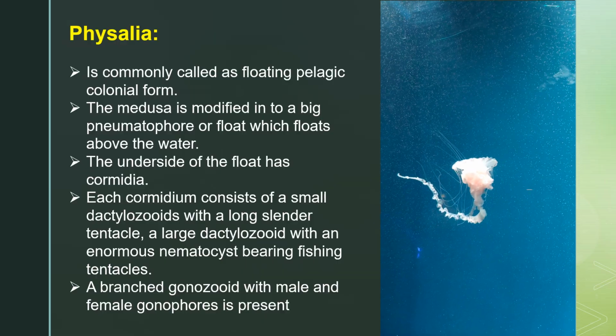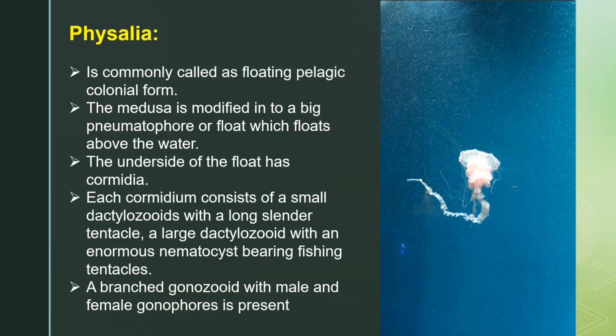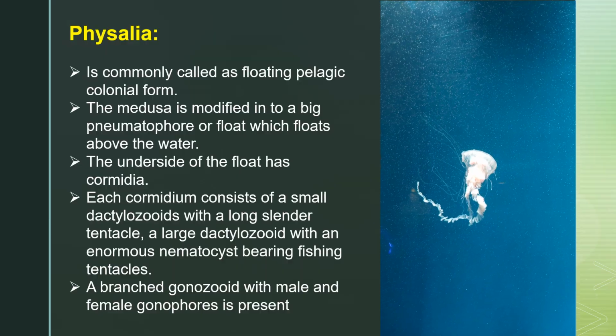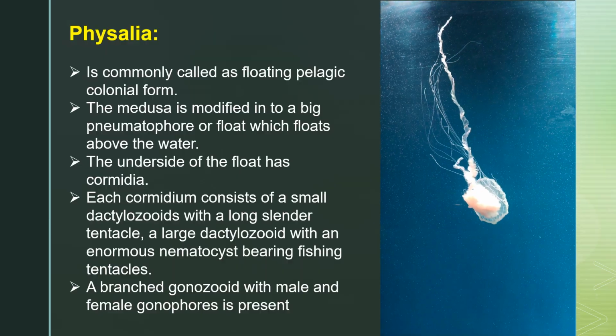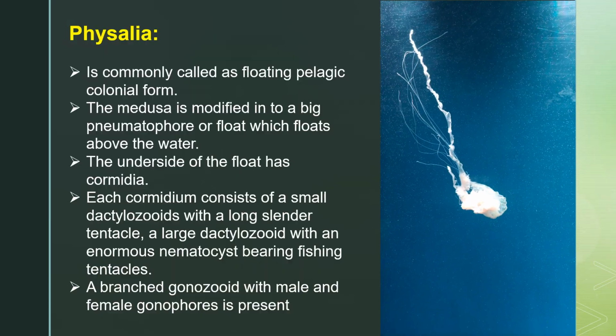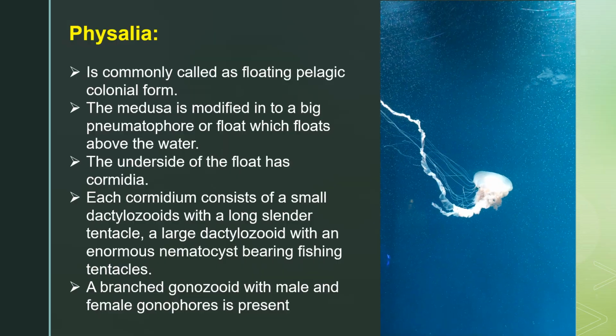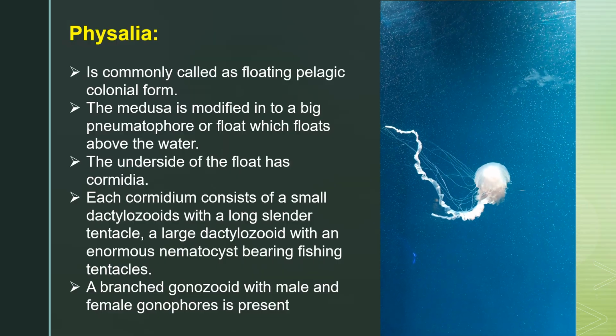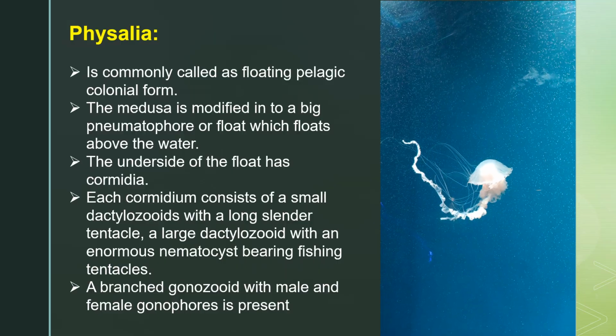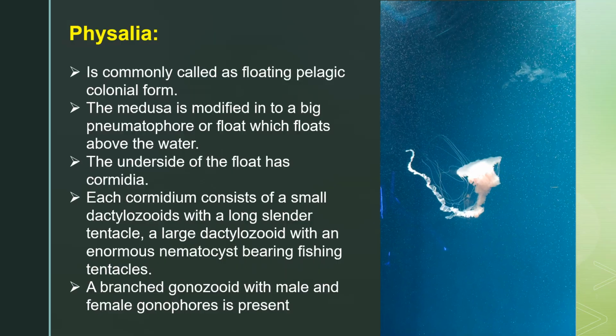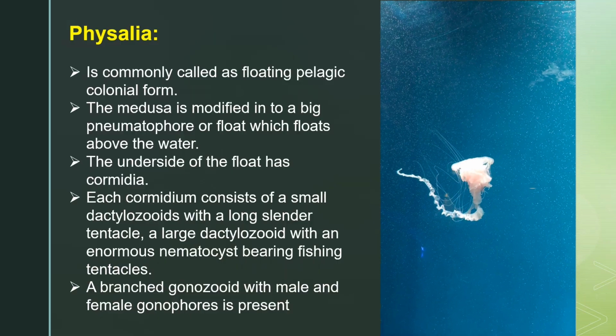The underside of the float has cormidia. Each cormidium consists of a small dactylozooid with a long slender tentacle, and a large dactylozooid with enormous nematocysts which bears fishing tentacles. A branched gonozooid with male and female gonophores is present.